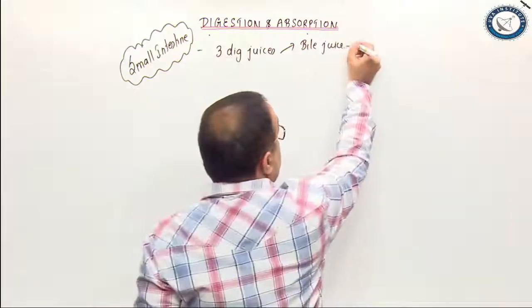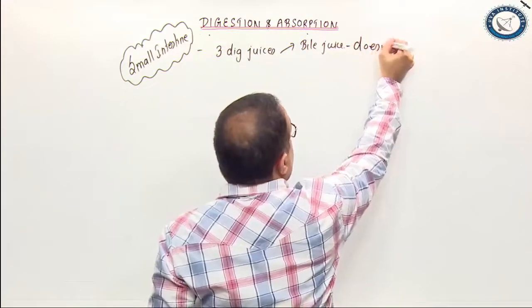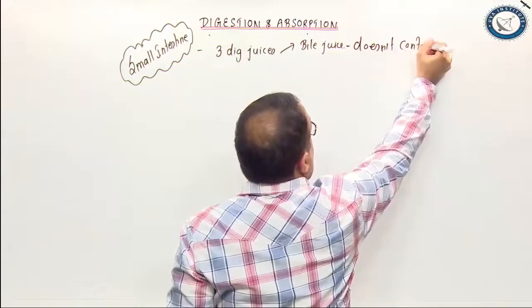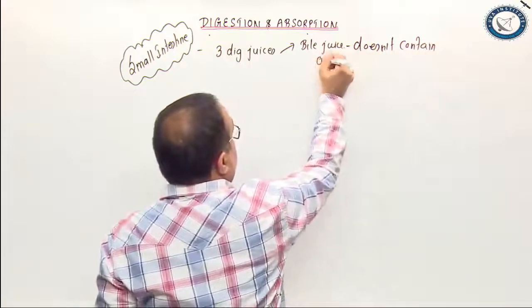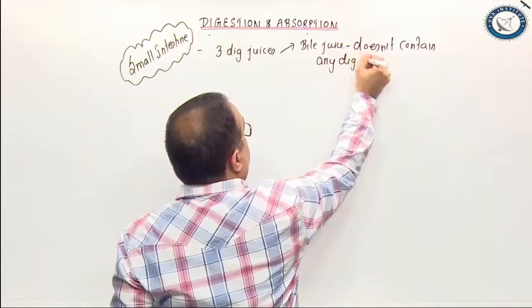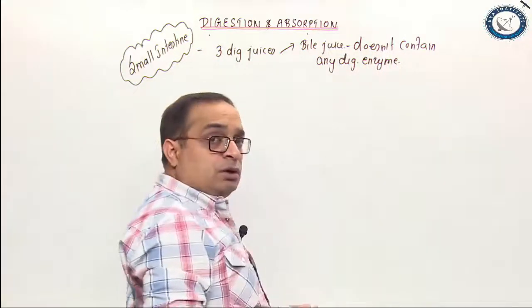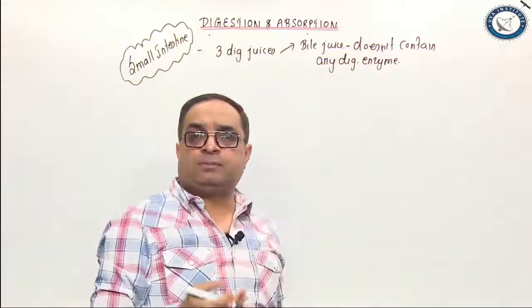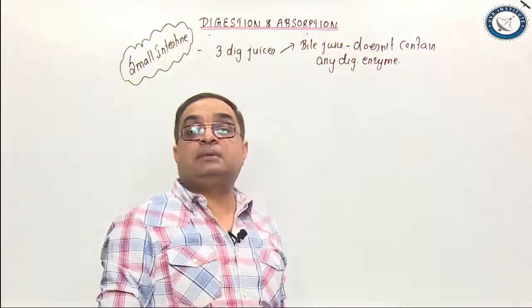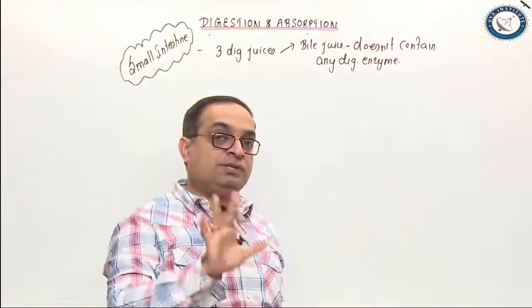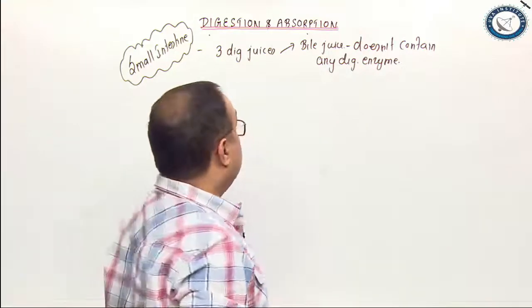Bile juice doesn't contain any digestive enzyme. It has bile salts, sodium taurocholate and sodium glycocholate, which help in the emulsification of fats. That we'll discuss separately in the digestion of fats.